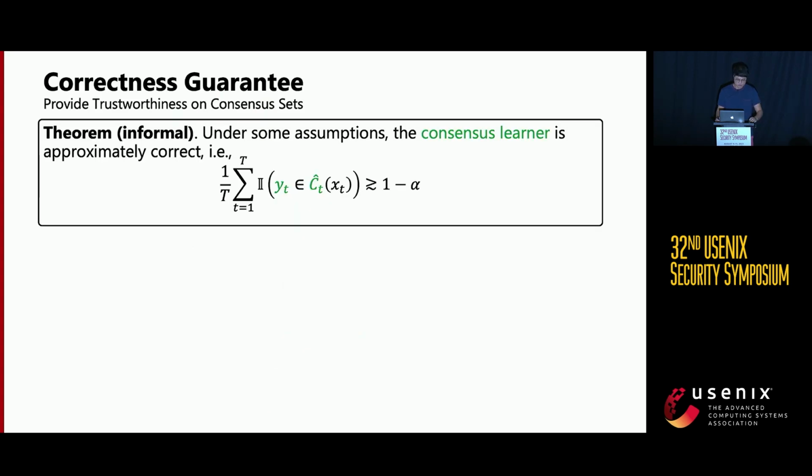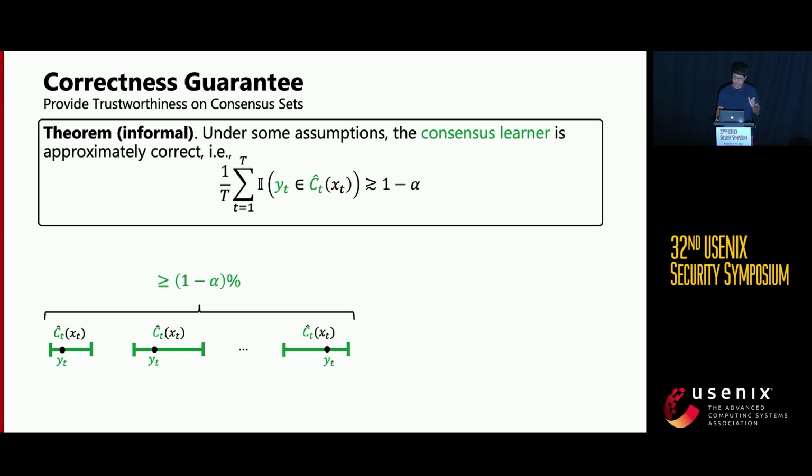Finally, last but most importantly, we also prove the correctness guarantee of our method and the consensus set it produces. In short, under some assumptions, this guarantee means as follows. Our algorithm produces the consensus set over time, and in most cases, assuming alpha is very small, the true consensus value is included in the consensus set.